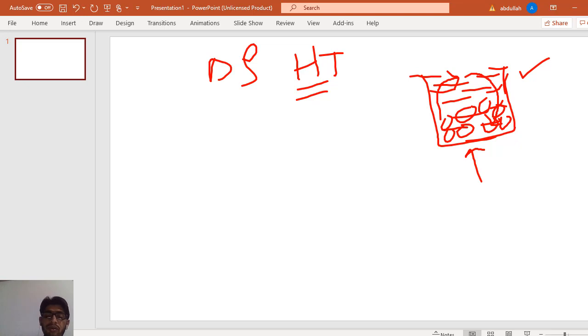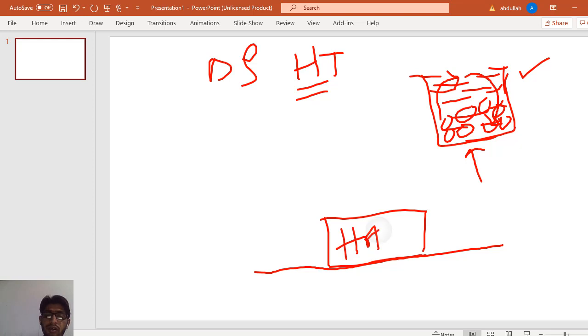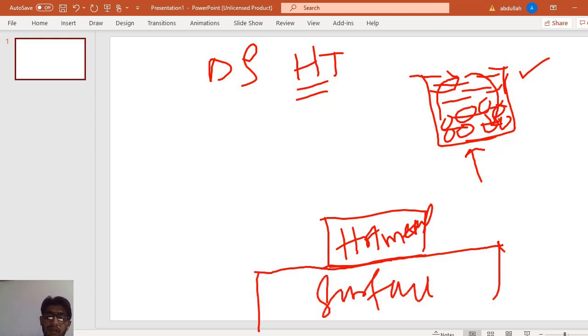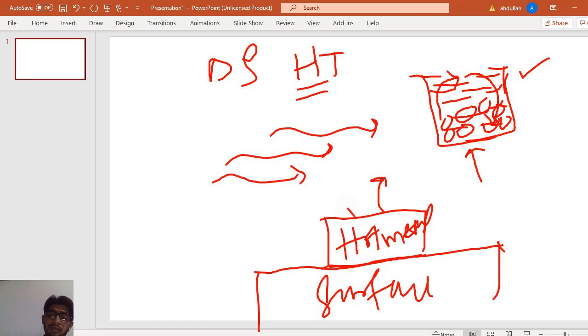There is another convective heat transfer process, which is the forced convection process. Suppose we have a hot metal surface placed on some surface, and suppose this is flowing air. The heat transfer to the air is by natural convection.